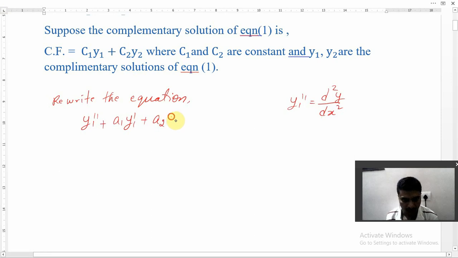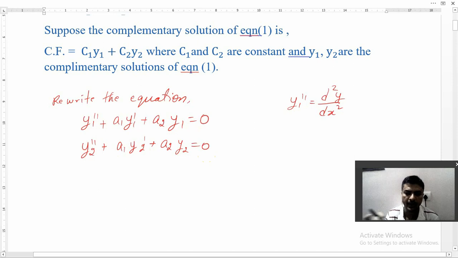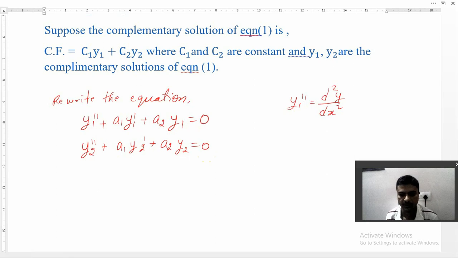I am writing this equation equal to 0 in terms of y1 and y2. So here I have y2 double dash plus a1 y2 dash plus a2 y2 is equal to 0. I'm a little bit fast; if you get confused, rewind the video once again and you will understand the steps properly.